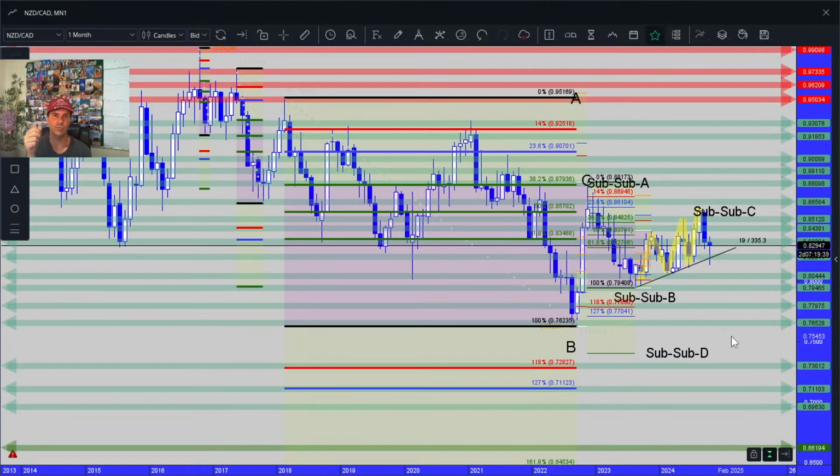Chart the original Fibonacci, chart the contrarian Fibonacci, and where you can, chart the confirmation Fibonacci. Start with one currency pair and one time frame. AUD CAD monthly chart today, AUD CAD weekly chart tomorrow, and AUD CAD daily chart the next day. Build your charts until January 13th, because then we start trading again.